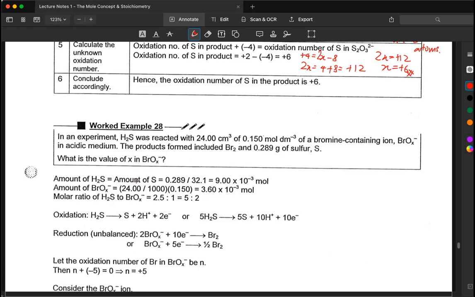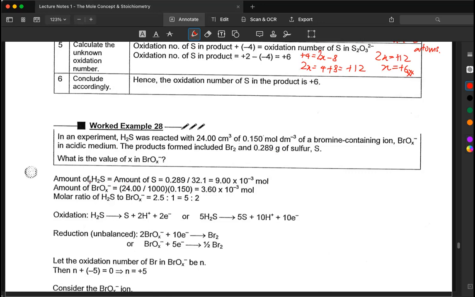So calculate. H2S and S have the same mole. So if you find out H2S, you will find out the mole of S as well. So you take 0.289 divided by 32.1, which gives you the number of moles of S, because they said that sulfur is 0.289.